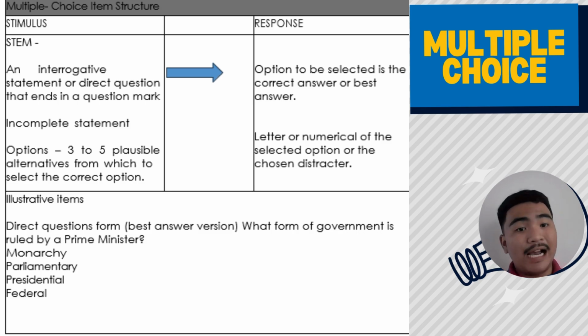So you must find the appropriate and correct answer to which government is ruled by a prime minister. Now this question can be rearranged into: what form of government is ruled by a president? Now the answer is different, but yet you can use the same choices. So that's another example for multiple choice.